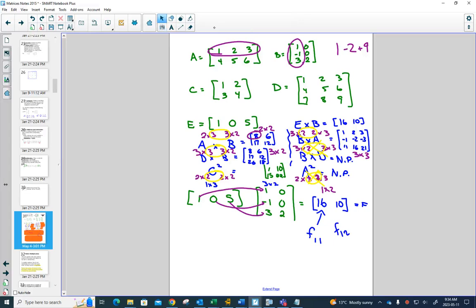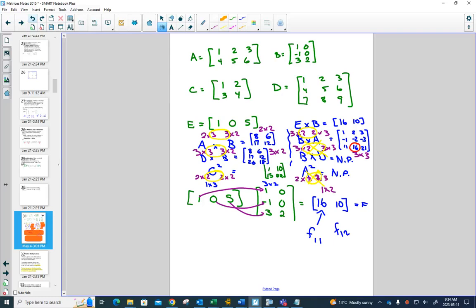If I wanted to do, let's look at this 3 by 3 one. Let's pick a random number. Let's choose the 16 in the B times A. That 16 is in row 3, column 2.